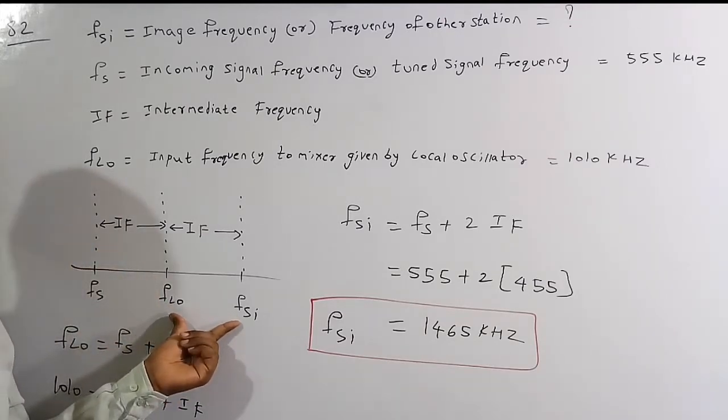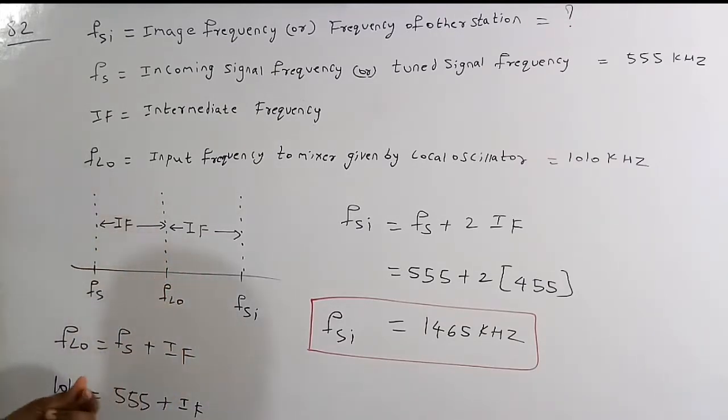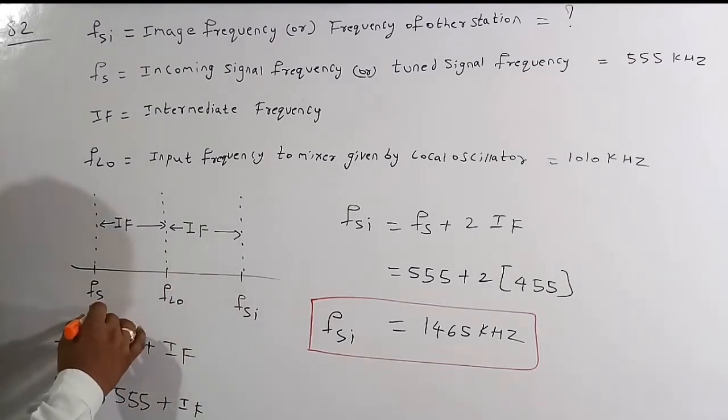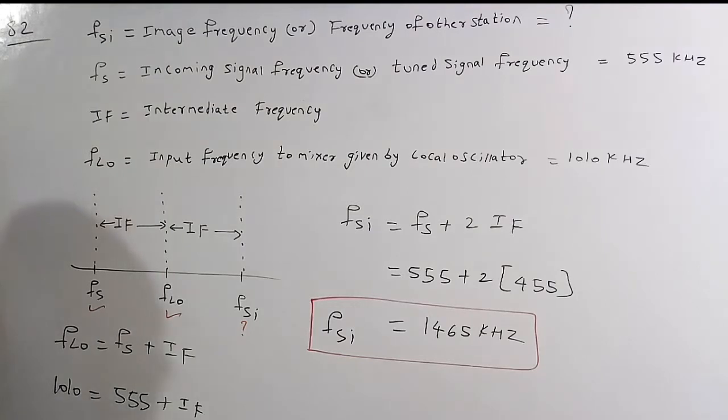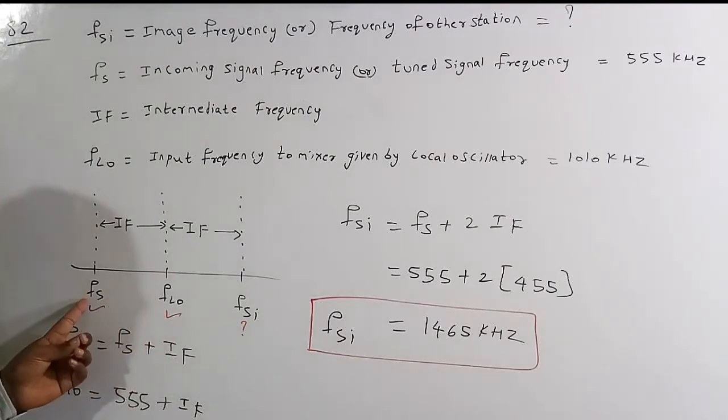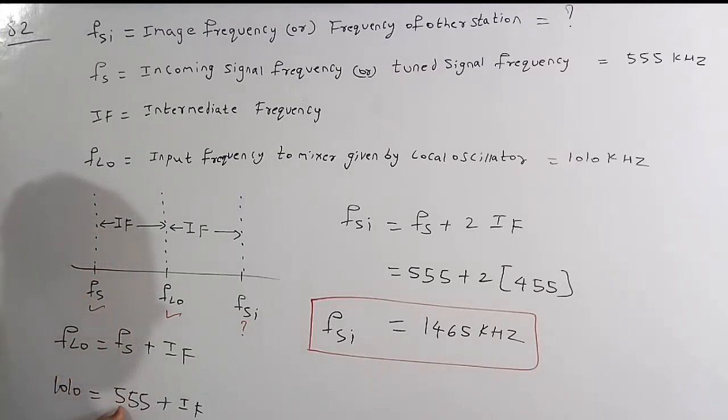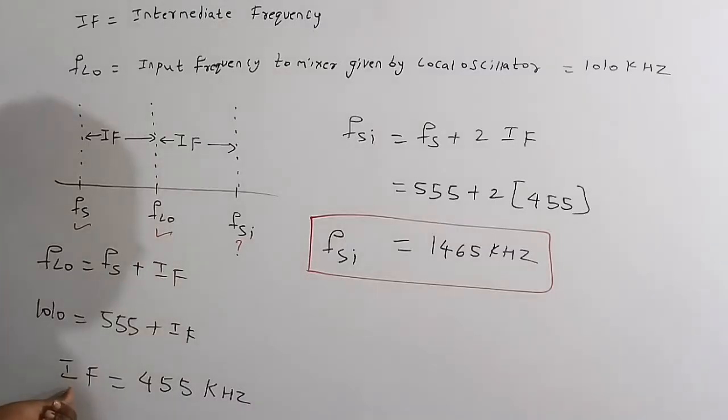We know the value of Fs and the value of FLO, and we need to find FSI. So FLO is equal to Fs plus IF. We know FLO is 1010 and Fs is 555 kilohertz, so the only unknown quantity is IF. One equation with one unknown. Therefore IF is equal to 455 kilohertz.